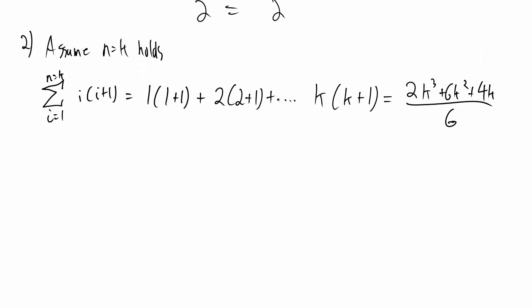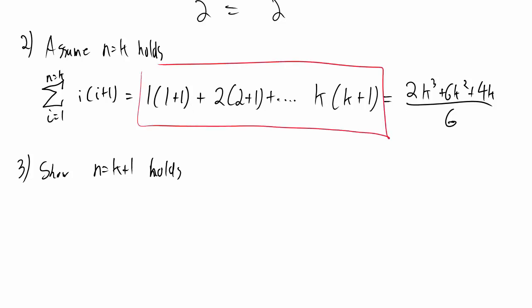Now, if it holds true for k, we're going to hope that that leads us to the fact that it holds for k plus 1. So we want to show that n equals k plus 1 works. We can't assume this, but using this step right here, I'm going to do a little substitution. I'm going to try to find this somewhere in this sum, and I'm going to substitute this into it, okay?